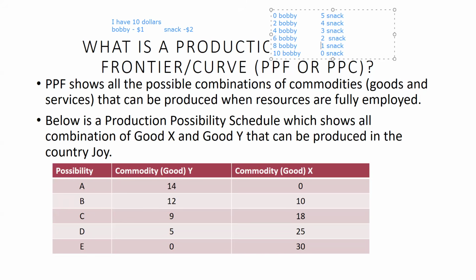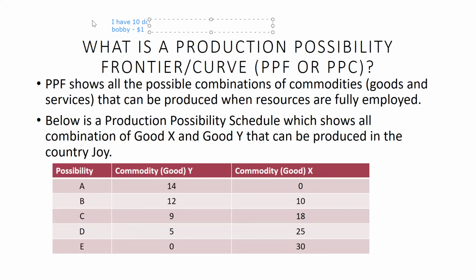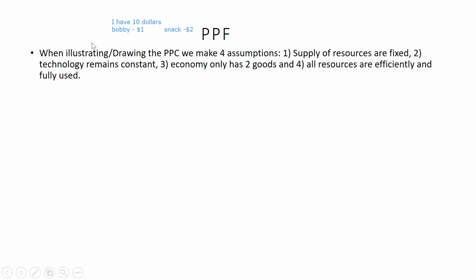No, sir. So that would be me being inefficient because I'm not using all of the resources available to me. Keep all of those things in mind. We're going to apply that same thing to the production possibility curve now.